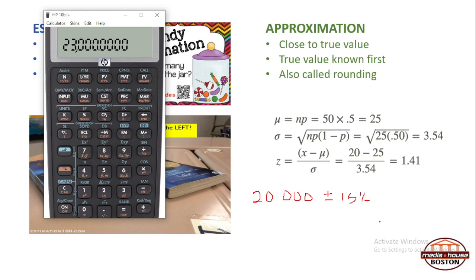If it is not somewhere between there, we need to see what actually happened and evaluate our project. So from the previous year's sales of 20,000, we expect plus or minus 15%. The worst case will be 17,000, and the best possible estimate will be 23,000. We can accept anything that falls in between. That is what we refer to as accuracy of approximation.